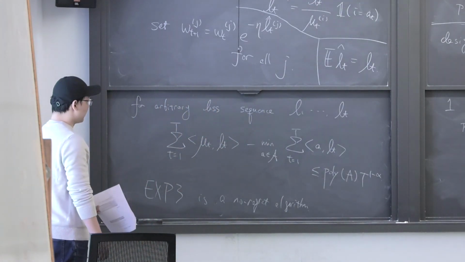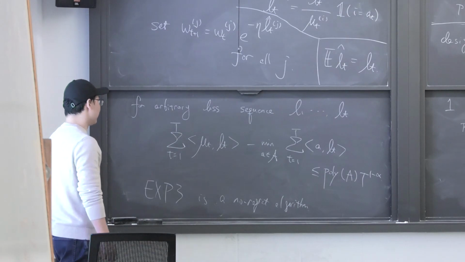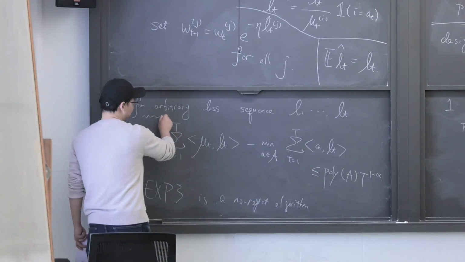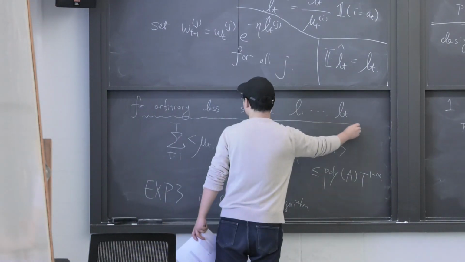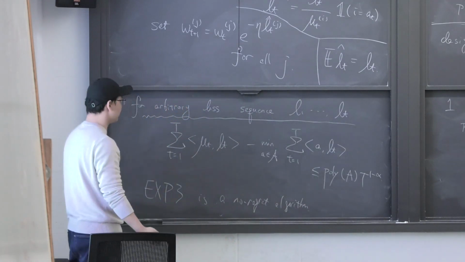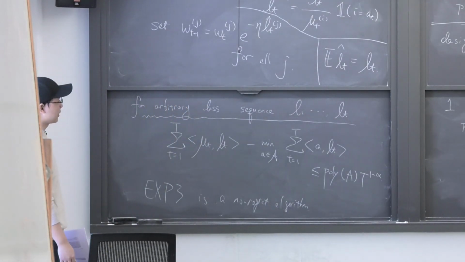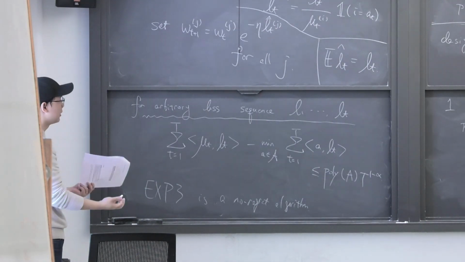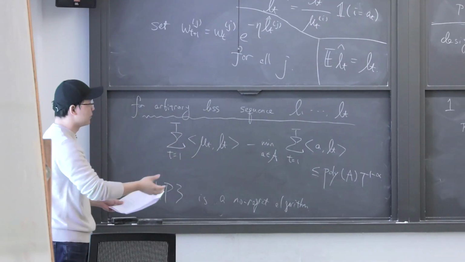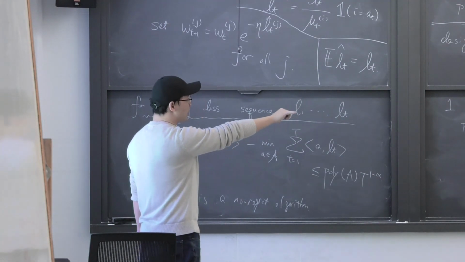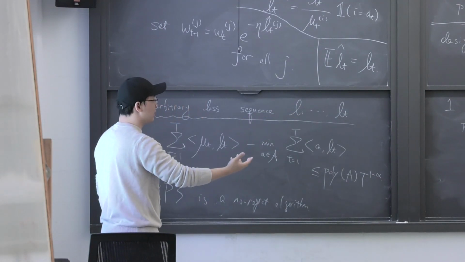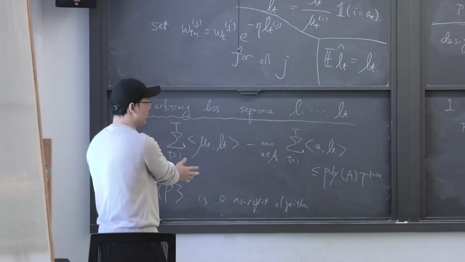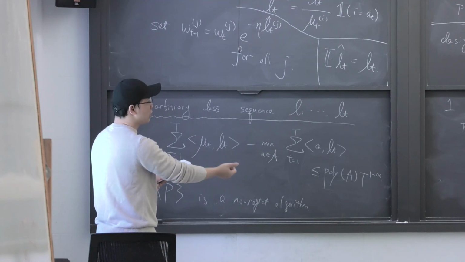And one of the very important things about no regret is that this actually holds for any adversarially chosen loss sequence. This is very important in the multi-agent scenario because of this loss vector. When we look at the normal form game, when other players are playing some policies, then from one player's perspective, it's as if it's doing multi-armed bandit.